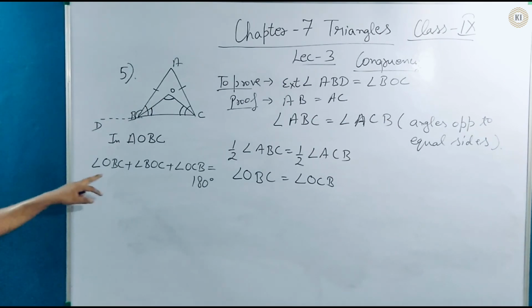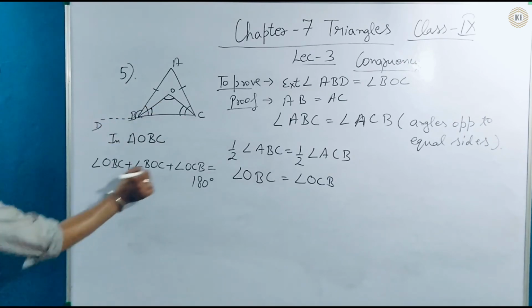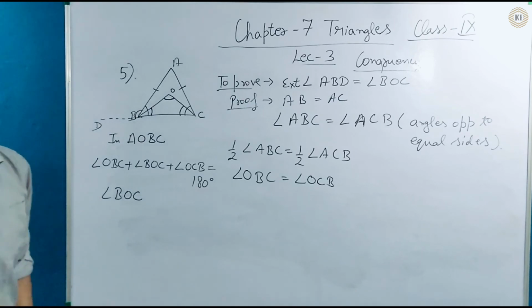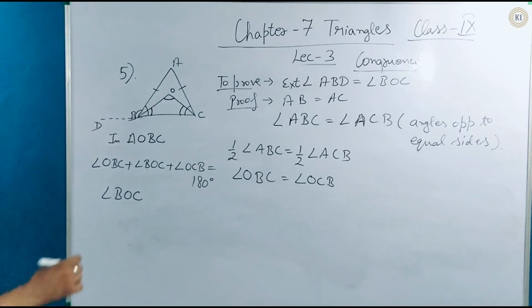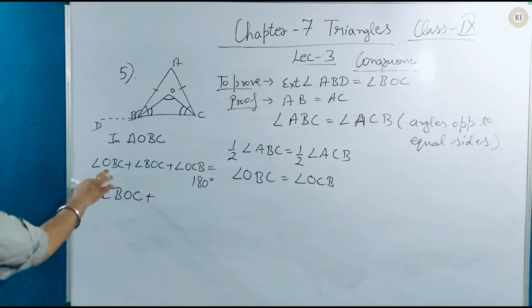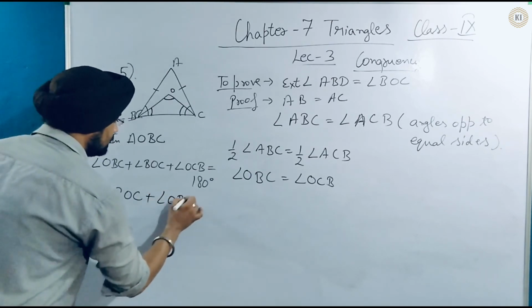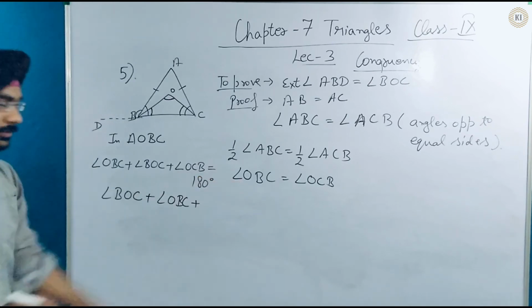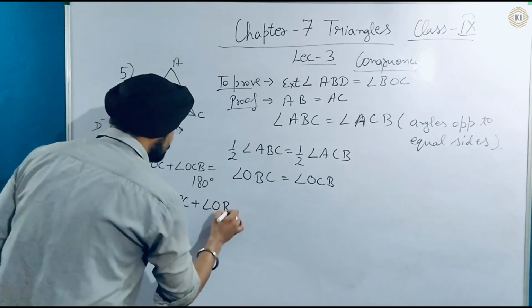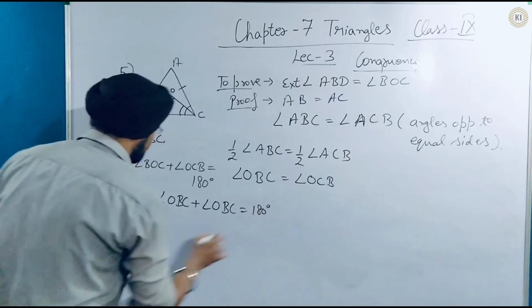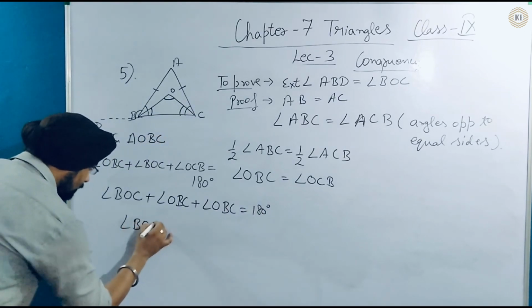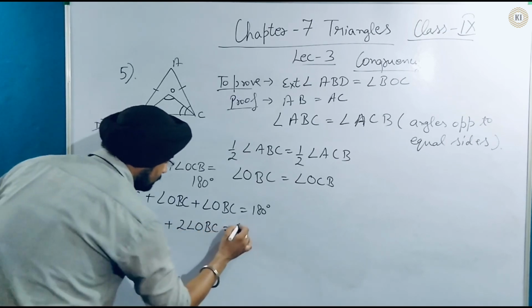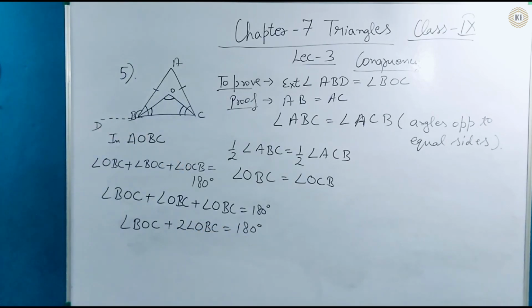Now angle BOC plus angle OBC plus, in place of OCB we can also write OBC because both are equal. So angle BOC plus 2 times angle OBC will be equal to 180 degrees.